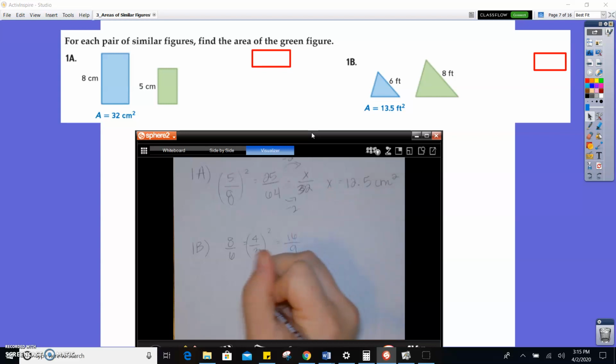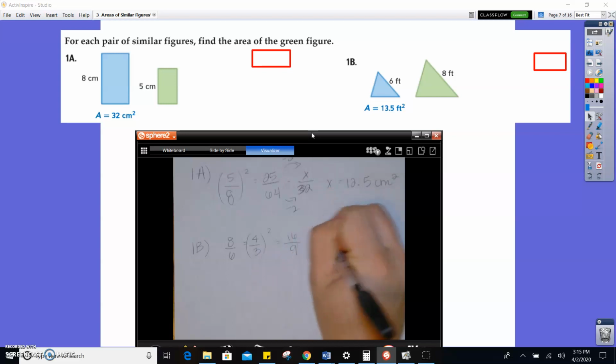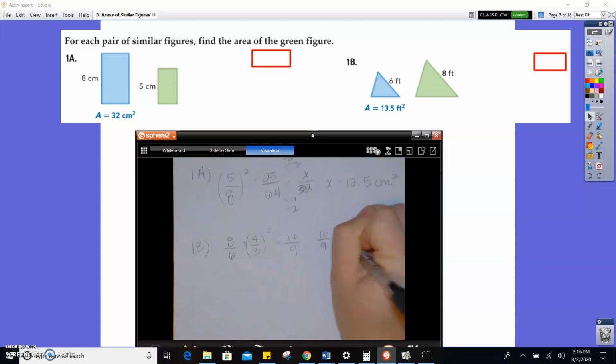So then when I set up my proportion, 16 over 9 would need to be equivalent or proportional to the area of the smaller triangle with the dimensions of 6, which I know is 13.5, and the area of the green triangle. So I will cross multiply, 16 times 13.5. Then I would divide by 9 to get my value of x.